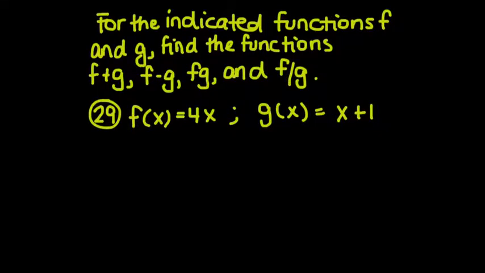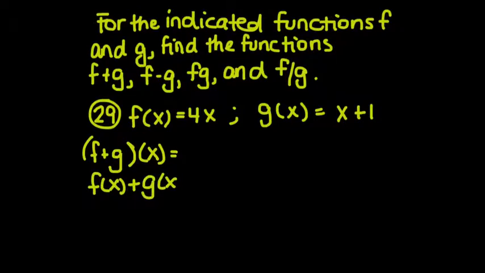I want to find the functions f plus g, f minus g, f times g, and f divided by g for these two particular functions. To find f plus g, in this case f plus g of x, I just need to take f of x plus g of x.